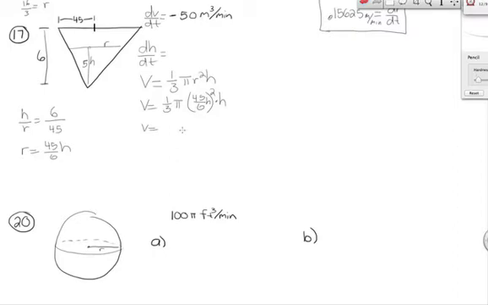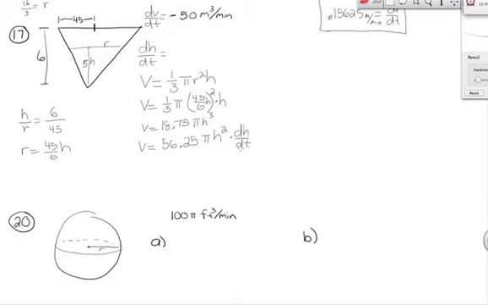And then let's divide it by 3, because I've got that constant there. And it looks like I got 18.75 pi h cubed. So dV/dt equals 56.25 pi, so 3 came down, left with h squared, times dh/dt.